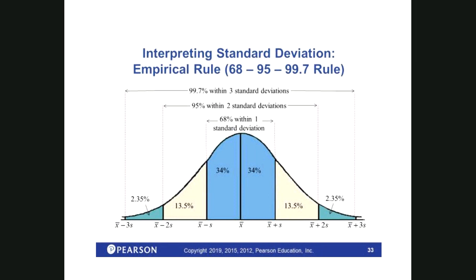And notice that X bar is in the middle, and notice it is the highest frequency. Do you see the height of this, the frequency of the mean is the tallest. It's the highest thing on here.